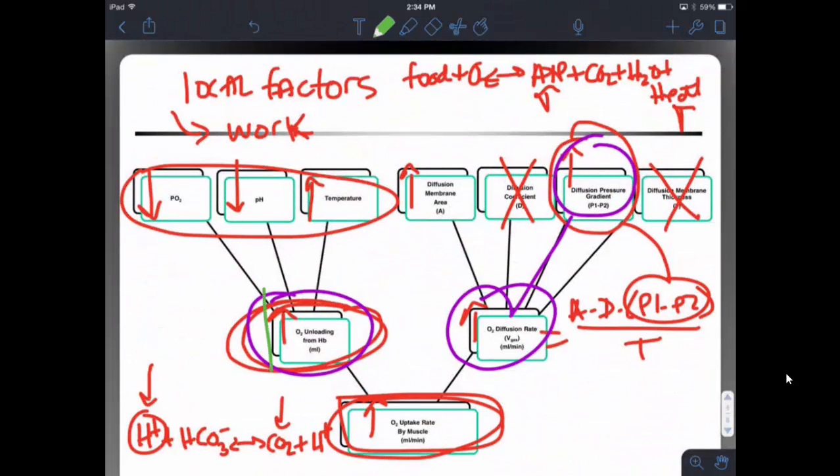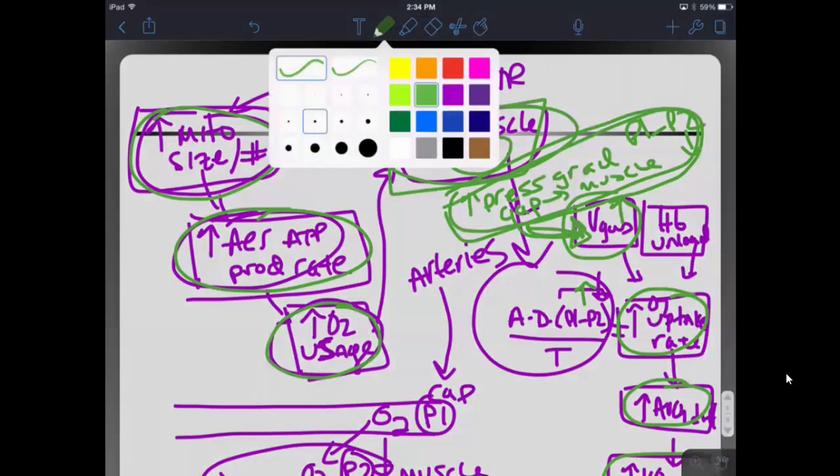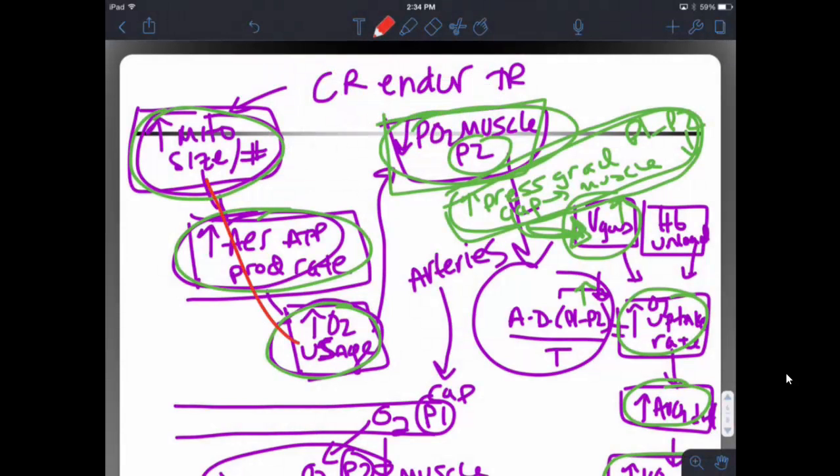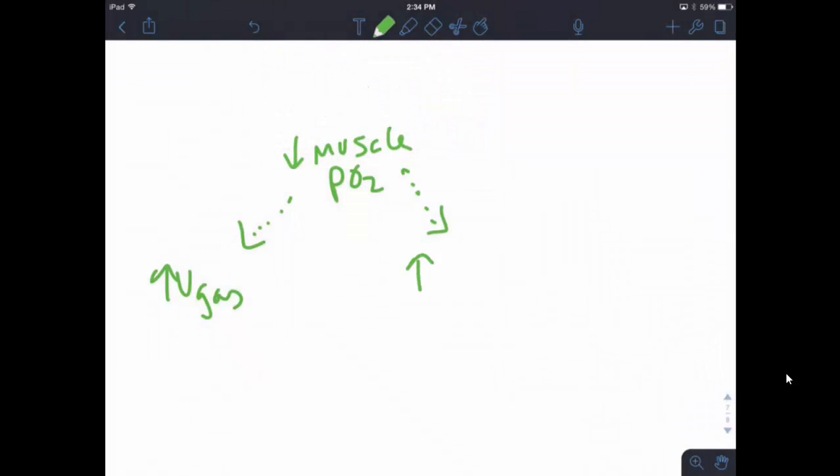Okay, so unloading is determined by local factors. One of the local factors is the PO2 in the muscle. Okay, so this drop in PO2 in the muscle increases V gas and increases uptake rate that way, but it also has a second effect, and that is it increases hemoglobin unloading.